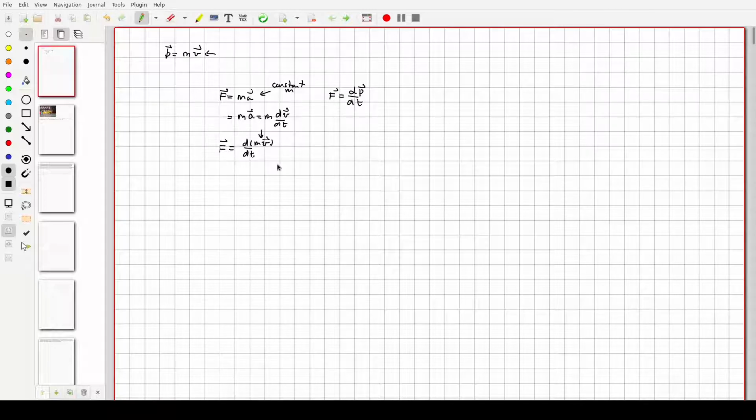That you have momentum inside. But in general, mass may not be constant. So this ends up being a better suited version for Newton's second law.